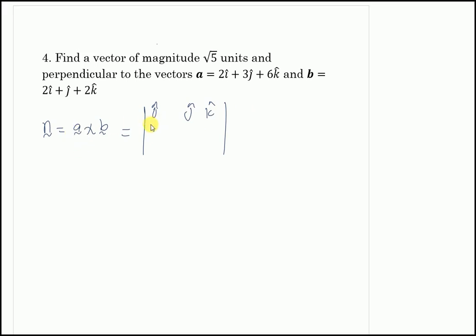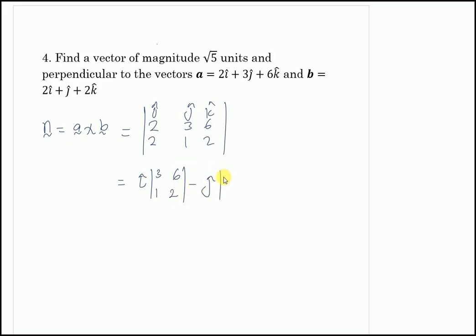It is A first, so we have 2, 3, 6, followed by B, 2, 1, 2. The 2, the 3 and the 6, this one was up there. Then 2, 1, 2. They are the coefficients, the components. And for i, we have 3, 6, 1, 2, minus j.